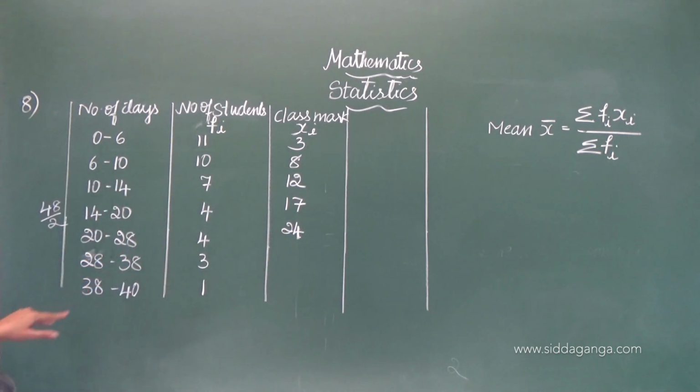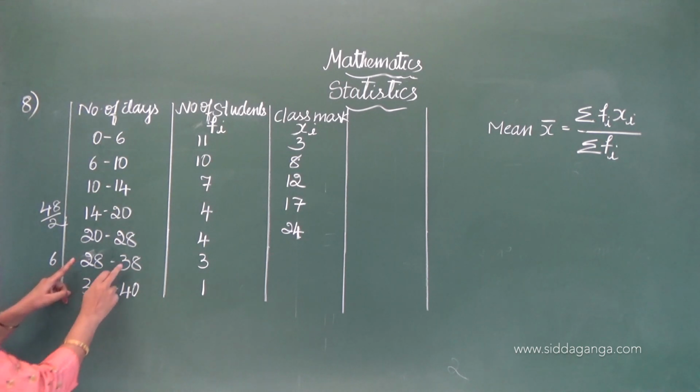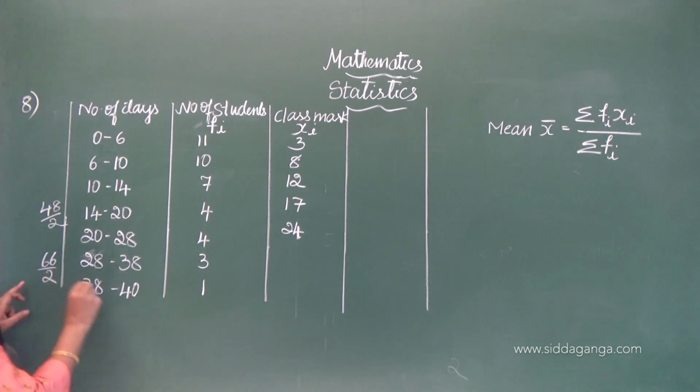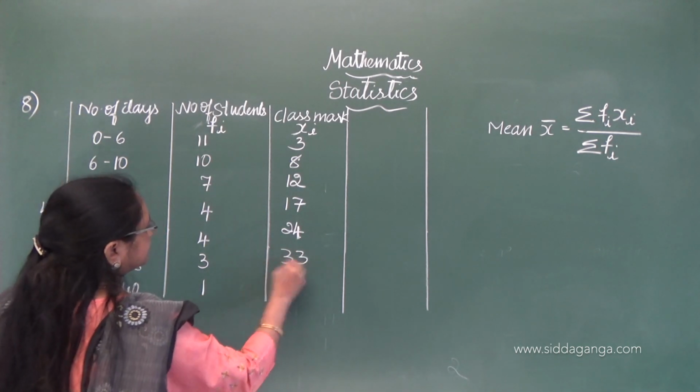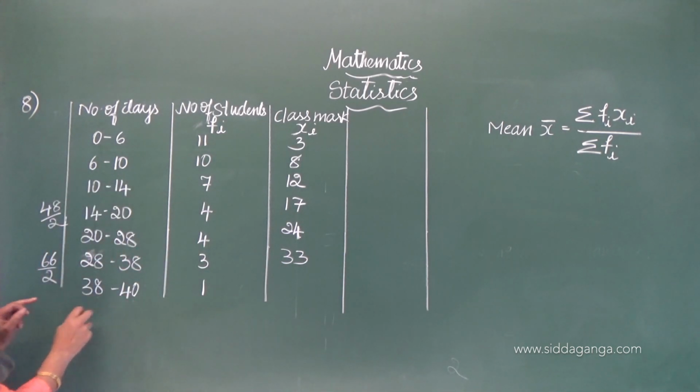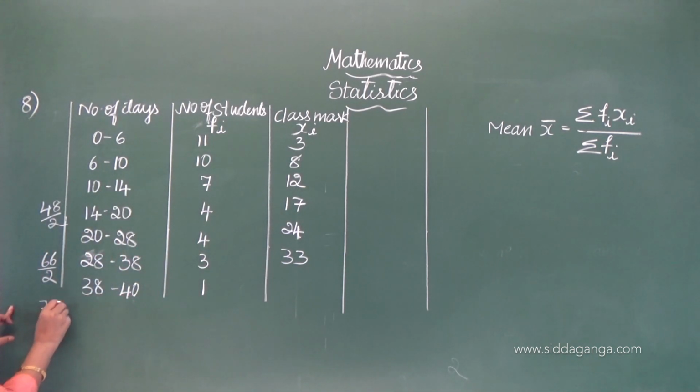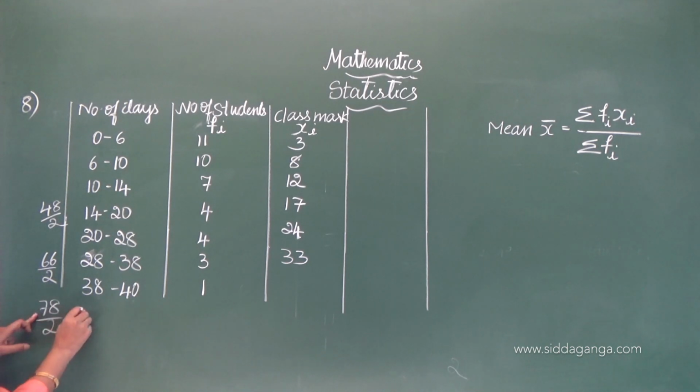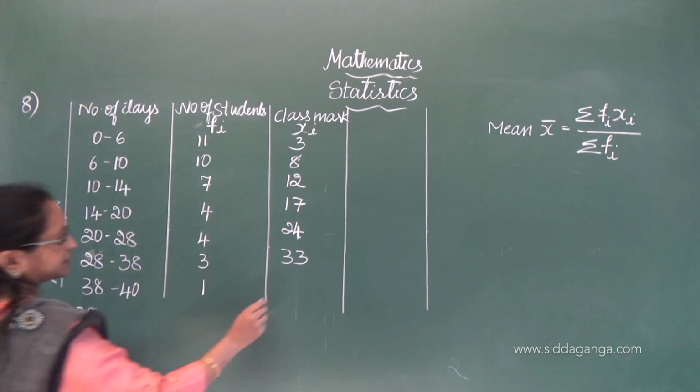Next, 8 plus 8, 16, 1, 66 by 2, 33. Then 78 by 2, 2 3s are 6, 2 8s are 16, 38.